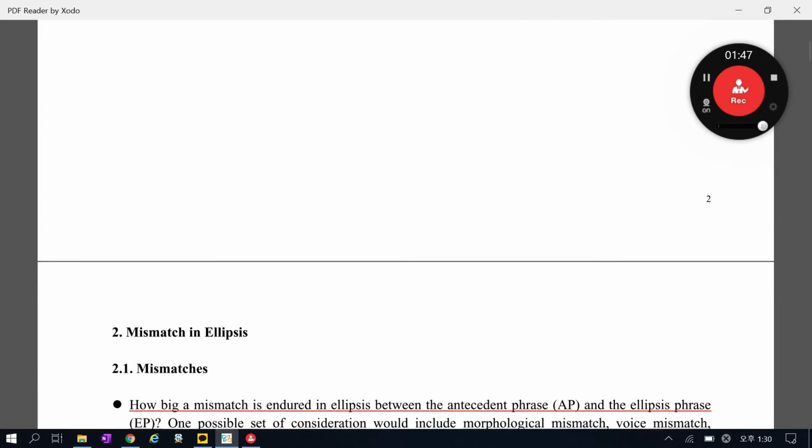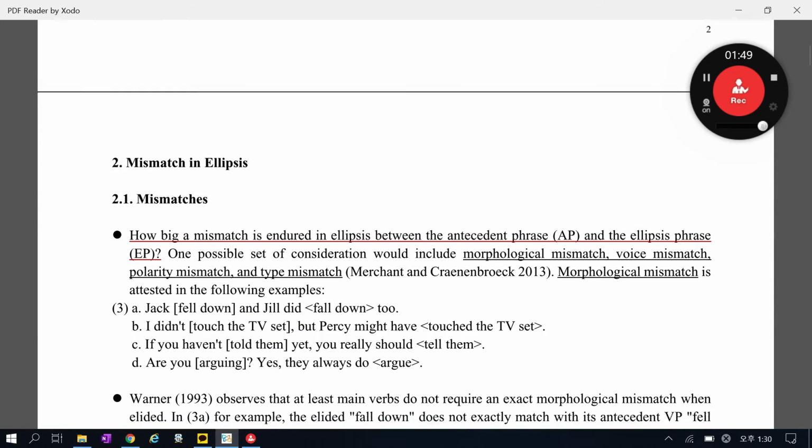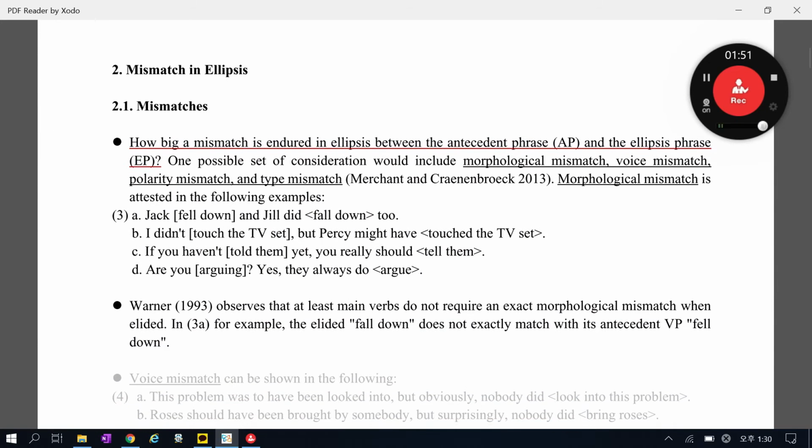Section 2, mismatch in ellipsis. How big a mismatch is endured in ellipsis between the antecedent phrase and the elided phrase? One possible set of considerations would include morphological mismatch, voice mismatch, polarity mismatch, and type mismatch, as was pointed out by Merchant and Kroll 2013.